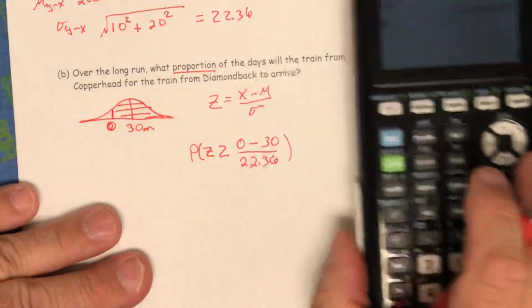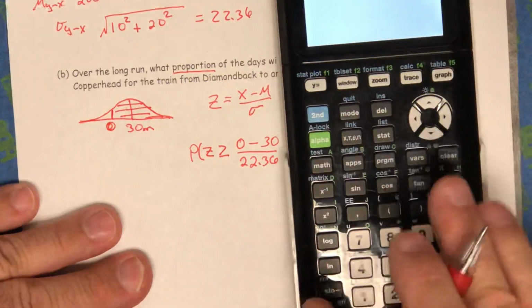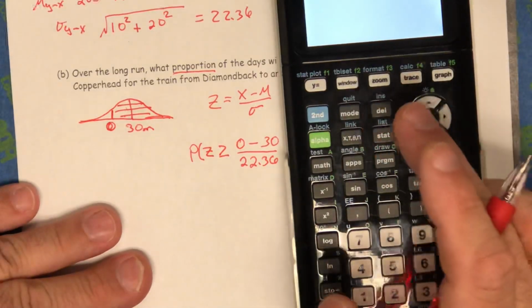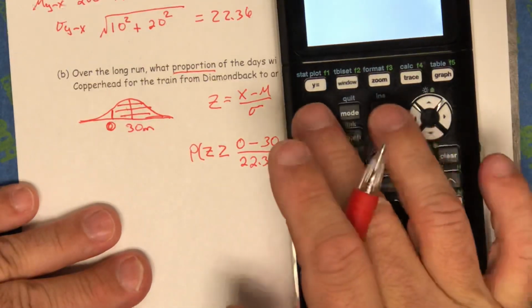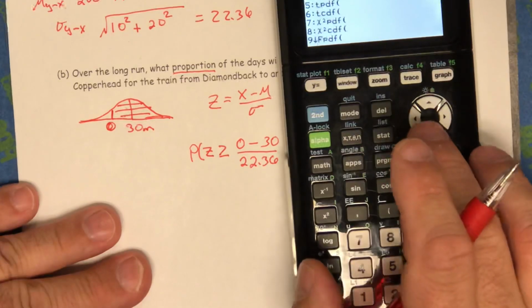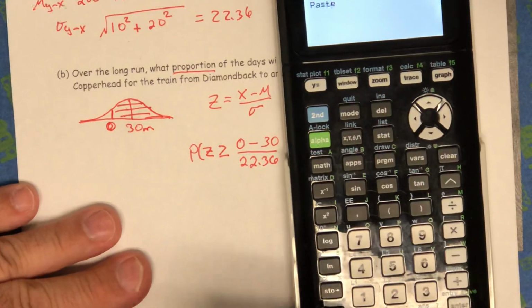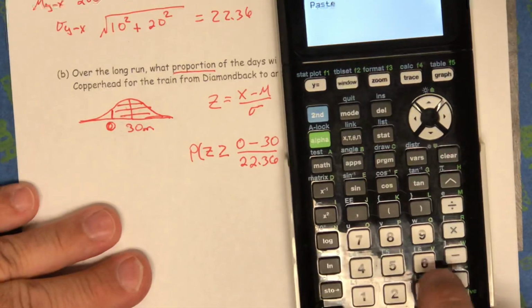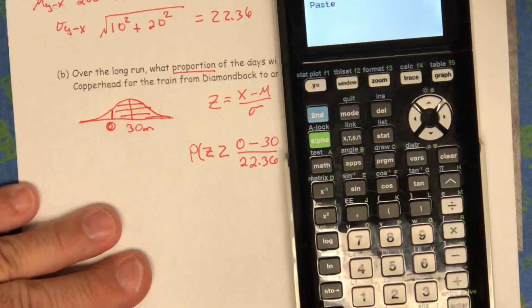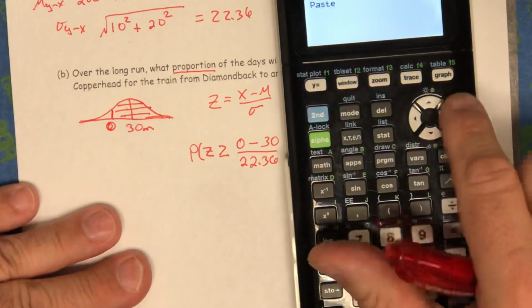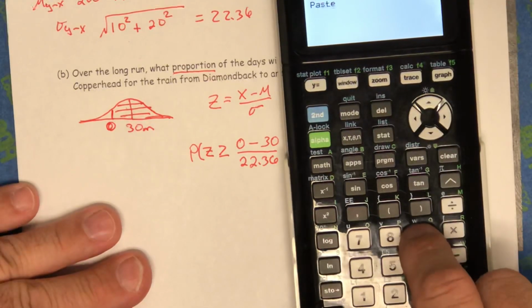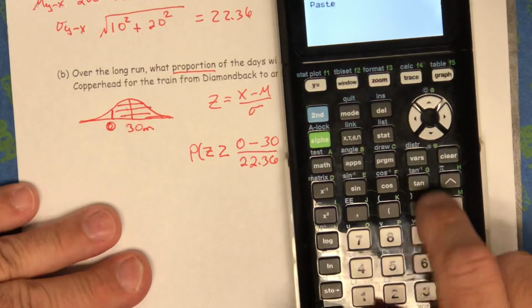So when I go to my calculator, and since I'm looking for a probability, this is going to be a normal CDF, second vars, normal CDF. My lower bound in this case, if I look at my shading, is 0. My upper bound is infinity, so I need to load that up with a bunch of 9s.